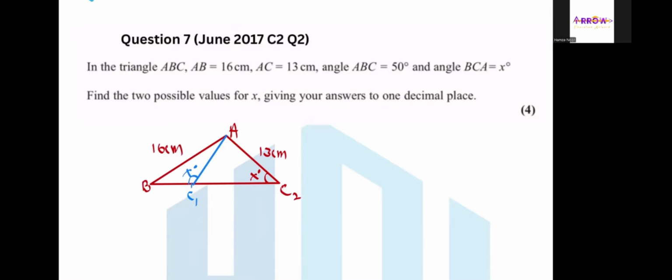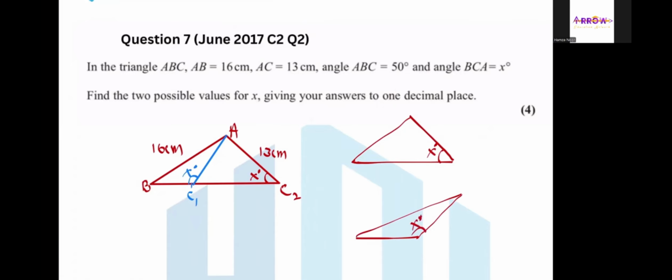So I've made one sketch in which I have shown these two possible positions of C. Otherwise, you can make two sketches, one in which the angle is acute and one in which it is obtuse. In one case, angle C, meaning angle X, is acute, and in the other case, angle C is obtuse.